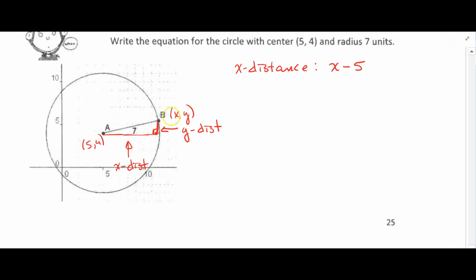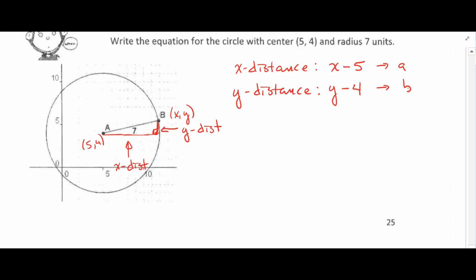So if I knew what x and y were, I could find out how long that leg is, but for now we're just going to write it as this expression. And then my y distance, so I've got y, and then to find the distance I subtract the y coordinate there, so y minus 4. So this is like our a in the Pythagorean theorem, and this is like our b.